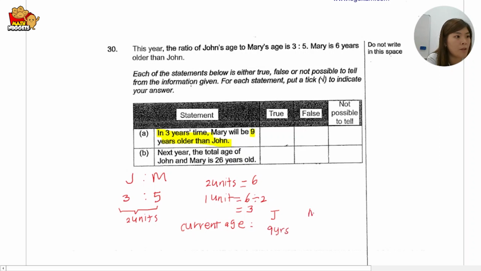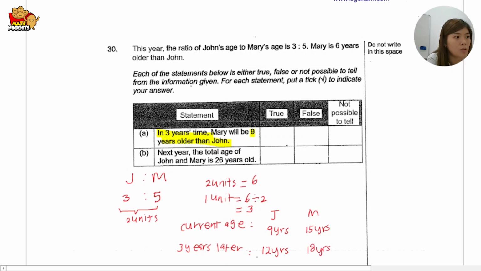And for Mary, it's 5 times 3, so 15 years. If 3 years later, John would be 9 plus 3, 12 years old, whereas Mary would be 18 years.